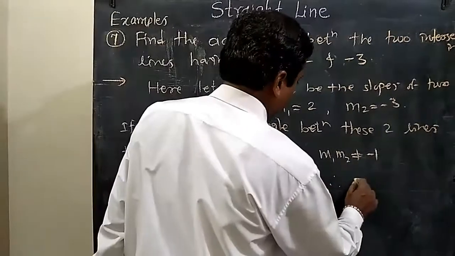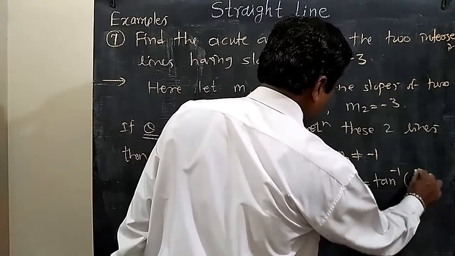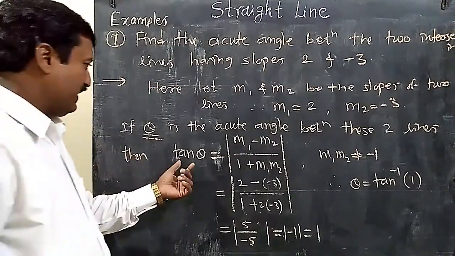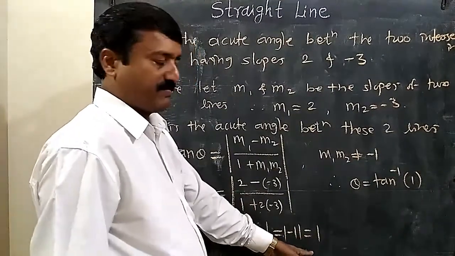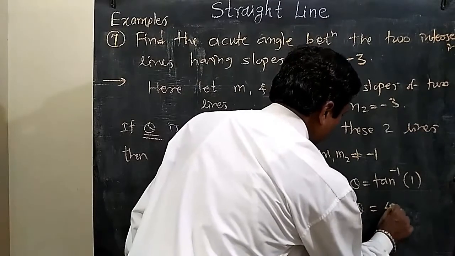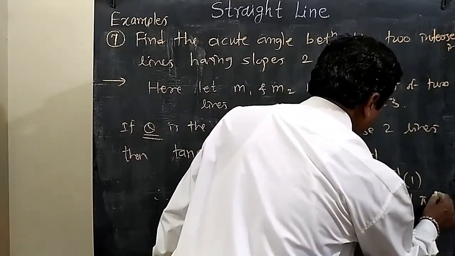Therefore, theta is equal to tan inverse of 1, or we can easily realize that tan of 45 is equal to 1, so theta is equal to 45. Therefore, theta is equal to 45 degrees or pi/4 radian.